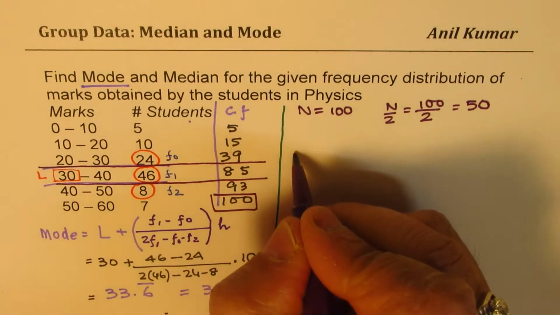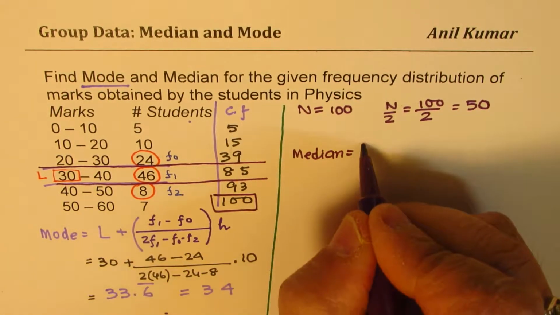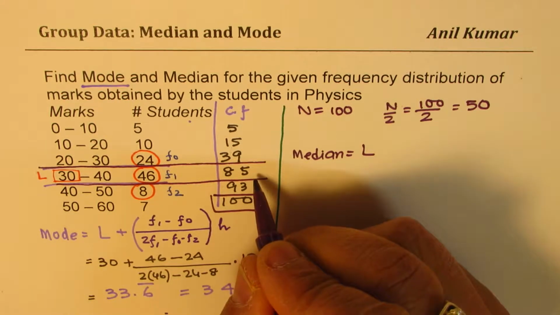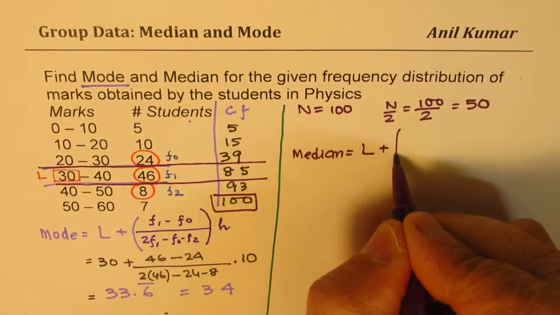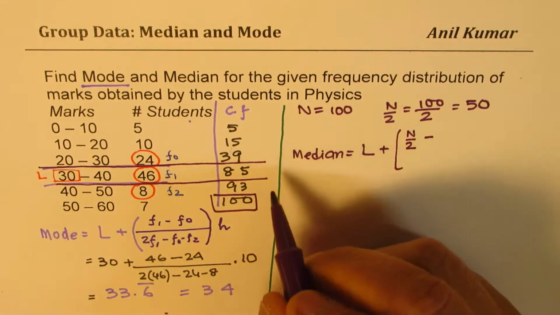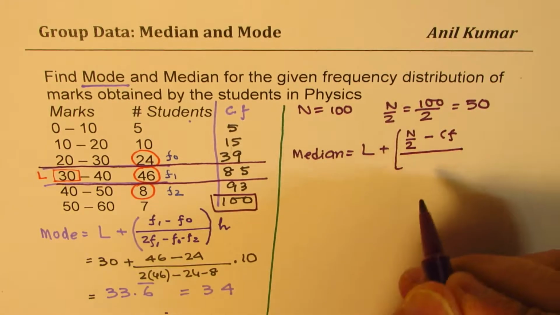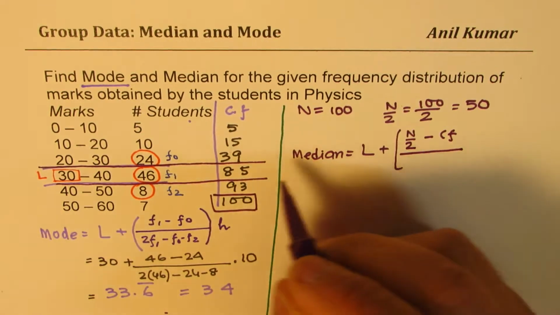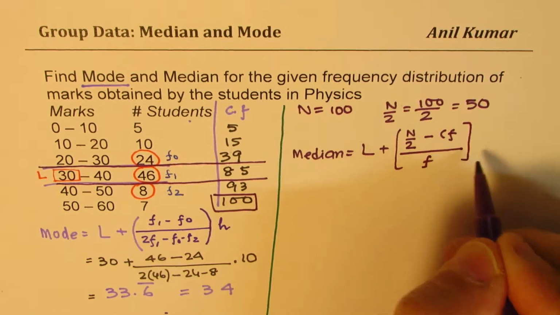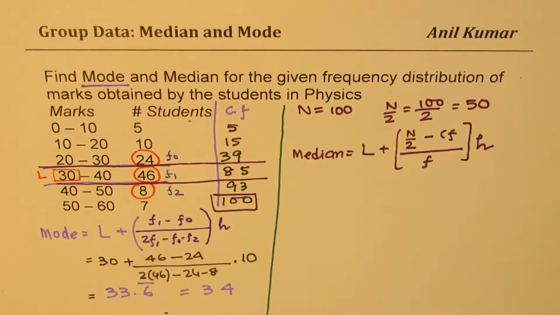So the median formula is the lower limit L of the class, plus n by 2 minus the cumulative frequency before it, so we'll write CF, divided by the frequency within the median class, times the interval h. Good. So that is how we get our formula. We know all these values. Let's substitute these values.